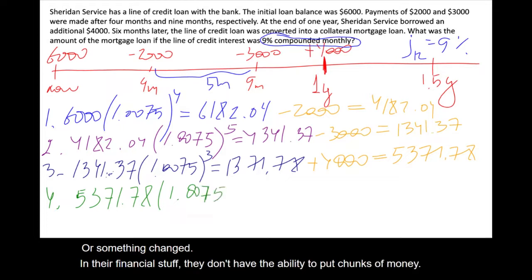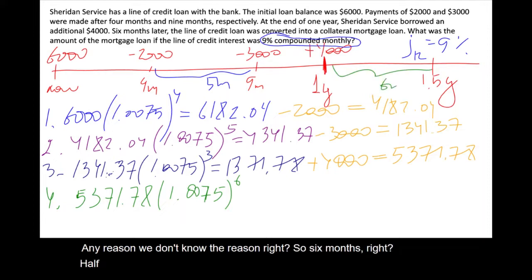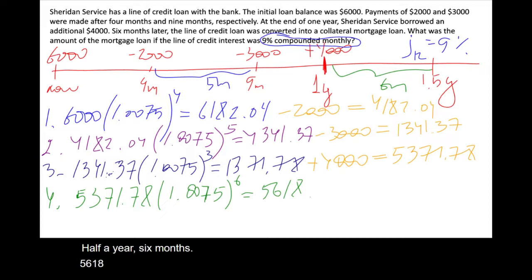Any reason, we don't know the reason, right? So 6 months, half a year. The result is 5,618.09. That is the amount of the mortgage loan.